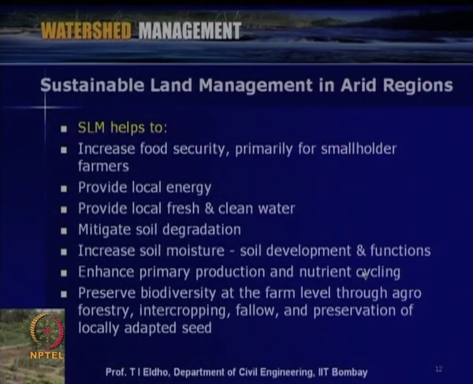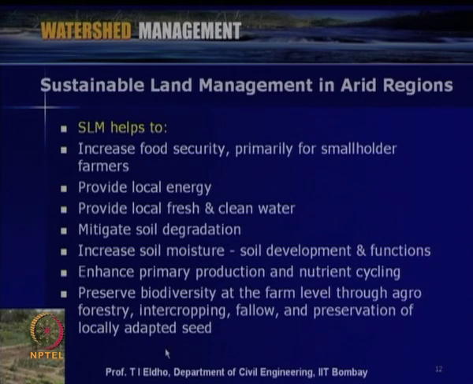We have to look at soil development and functions as far as sustainable land management is concerned, and then enhance primary production and nutrient cycling. This is also very important. Then preserve biodiversity at the farm level through agroforestry, intercropping, fallow and preservation of locally adapted seed.